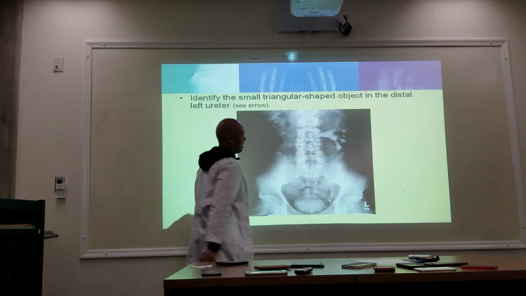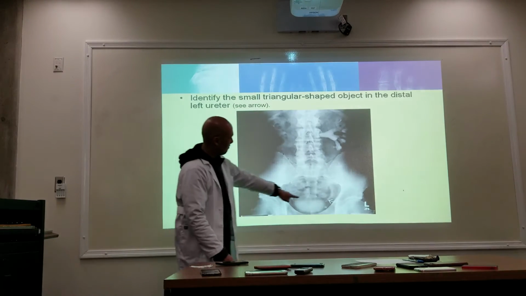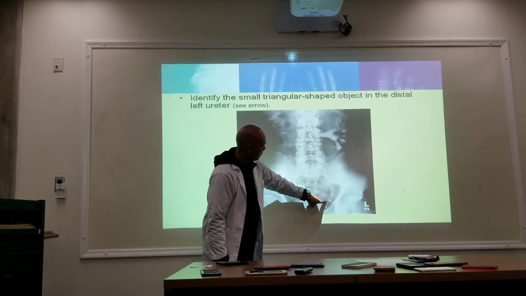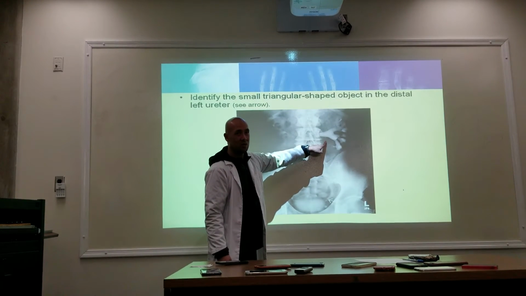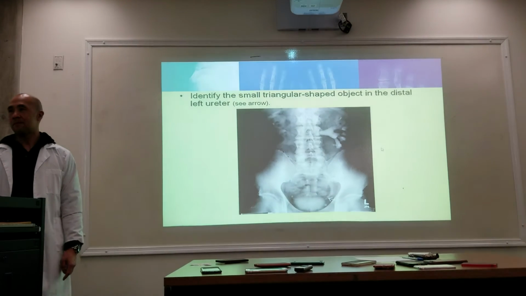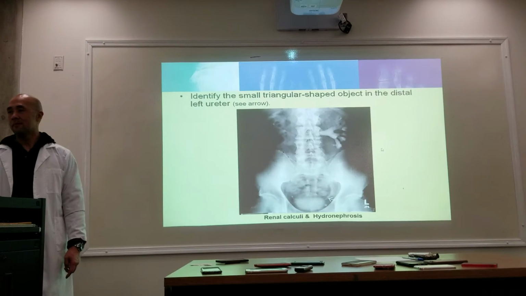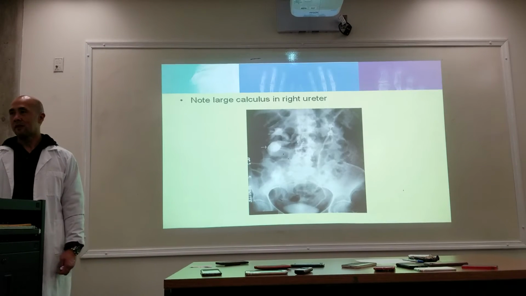But look how distended the pelvis is. Okay, yeah, so this is a stone preventing flow, causing, what's this condition called? Hydronephrosis. We saw that one earlier, right? Calculus, right here, stone.